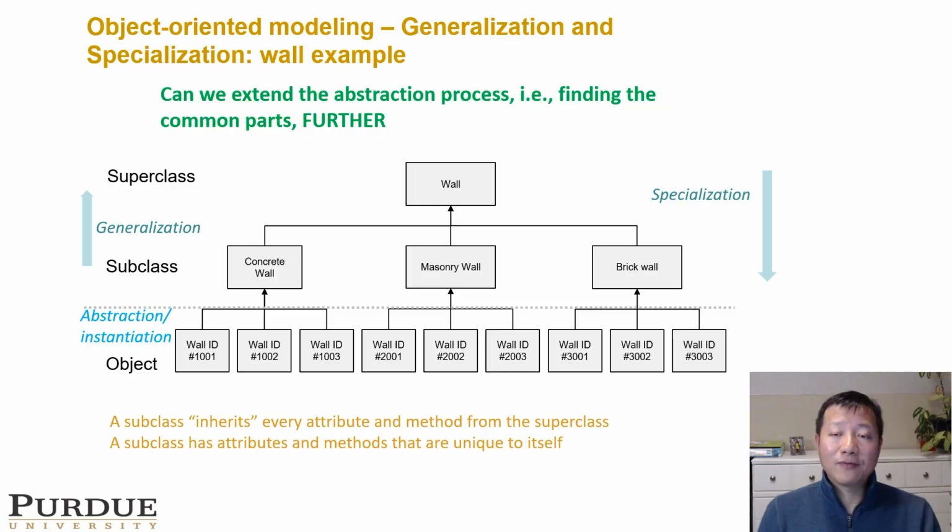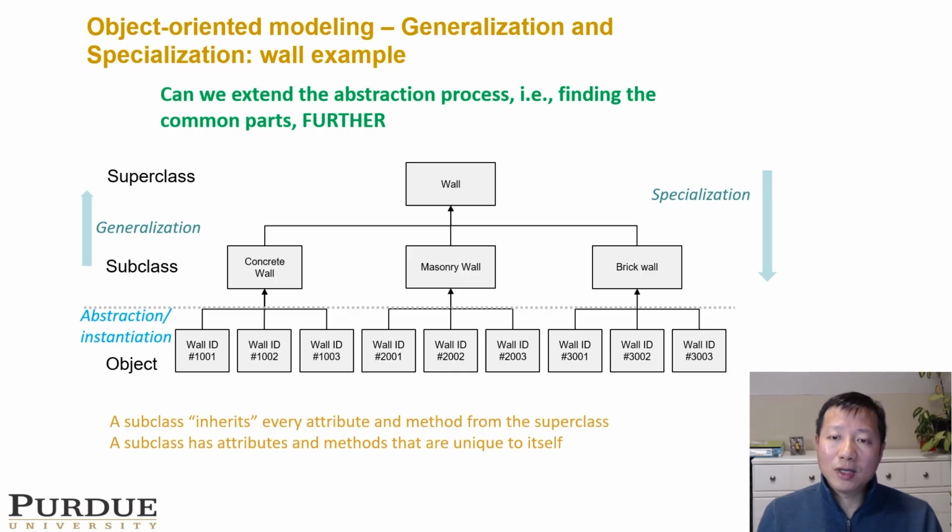So this means that for that set of attributes and behavior or functions, you only need to define them at the wall class, at the superclass wall. And you don't have to replicate or redefine them in the concrete wall, masonry wall, and brick wall.